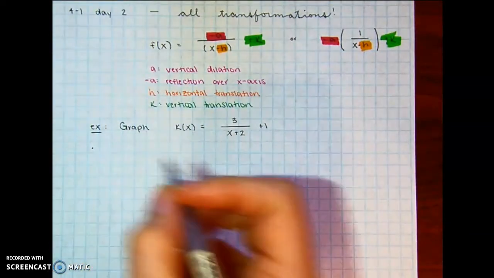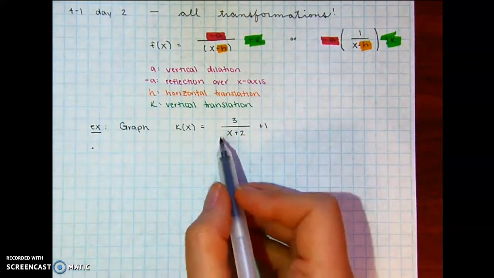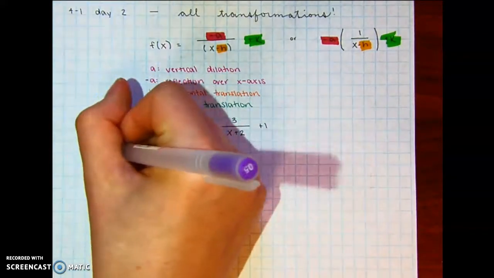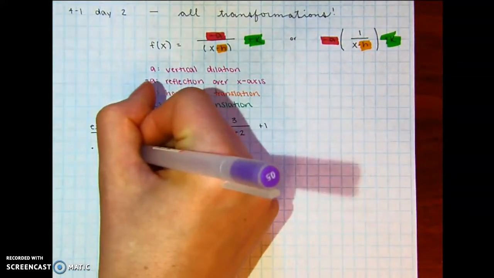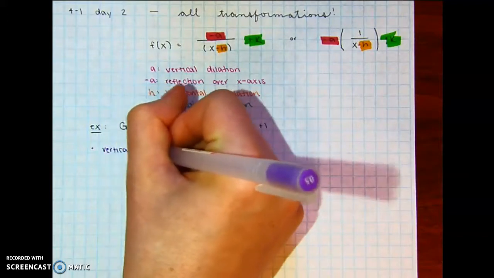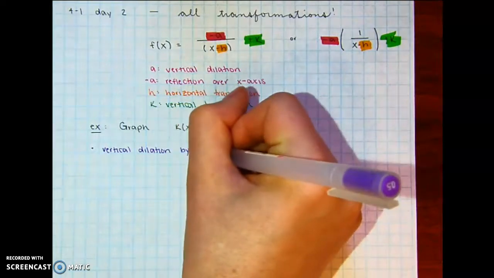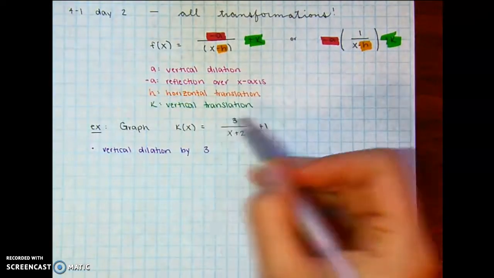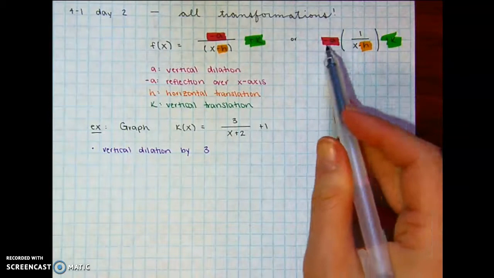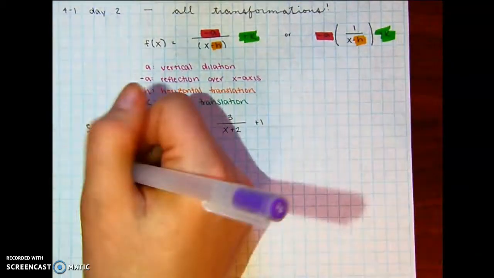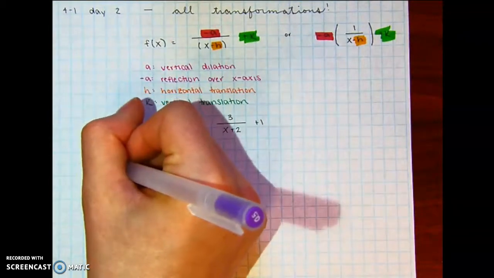This is required. So vertical dilation by 3, because 3 is in the numerator. You could also factor it out like I have written up here. 3 is being multiplied.